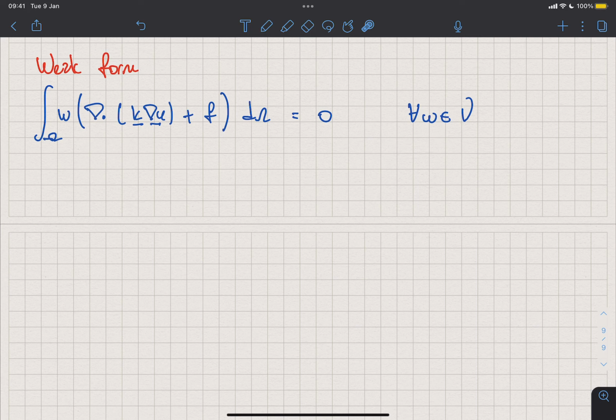And when we do that, we balance derivatives, and balancing derivatives is good because we reduce the requirement that we impose on the functions that we're going to be using, and at the same time in the process, the natural boundary conditions arise.